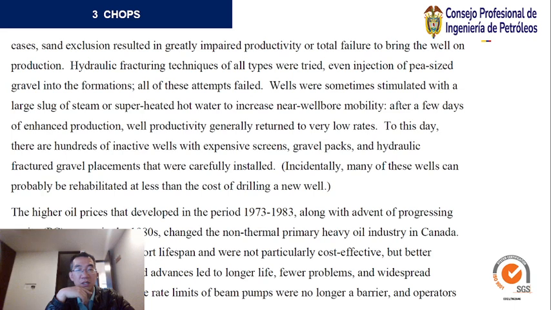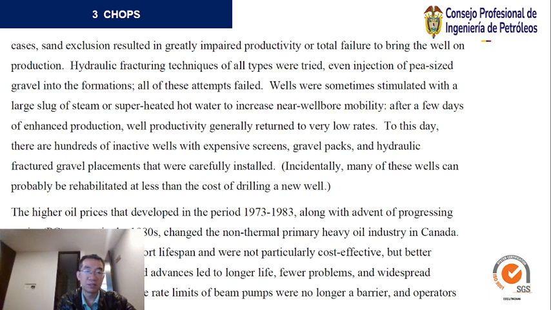The higher oil price that developed in the period 1973 to 1983, along with the advent of the progressing cavity pump in the 1980s, changed the non-thermal primary heavy oil industry in Canada.